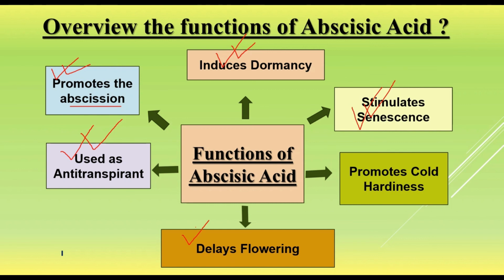It delays flowering in long day plants. It promotes cold hardiness. So we can say that on certain physiological processes, abscisic acid acts antagonistically to gibberellic acid, cytokinin, or auxin, and thus it helps to make a balance to overcome the unfavorable condition by the plants.